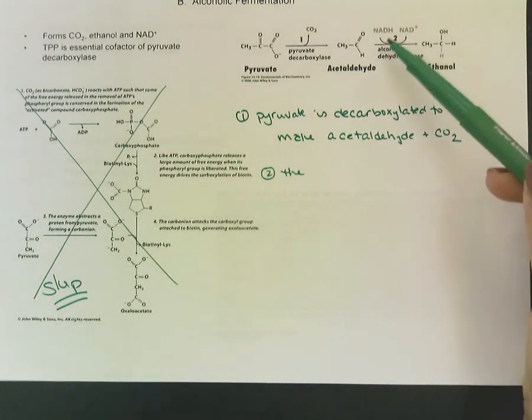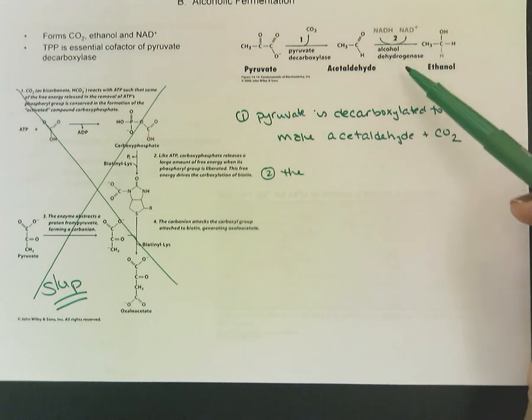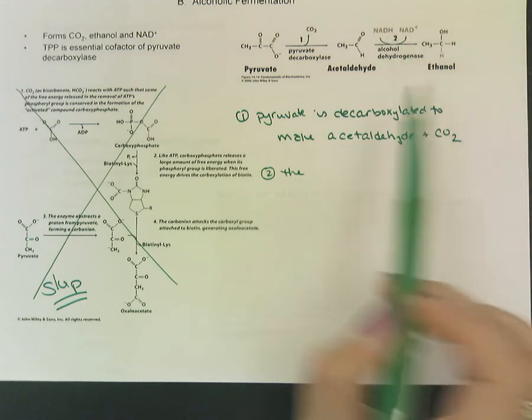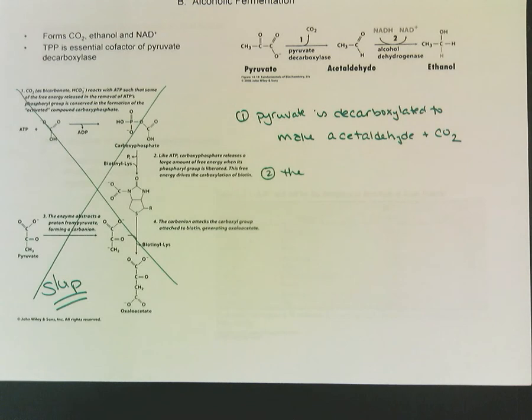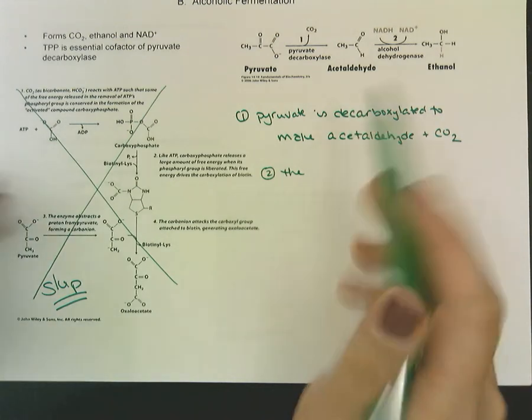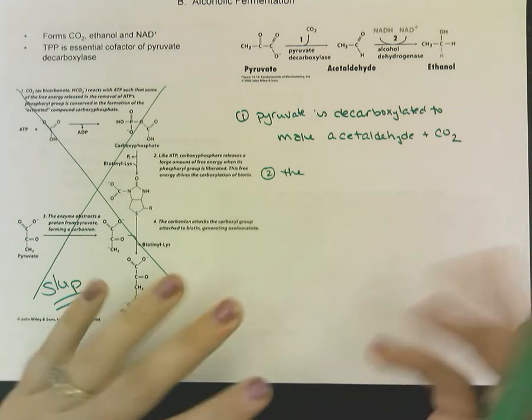So now we have NADH. So if I have NADH in the presence of alcohol dehydrogenase, what sort of reaction is acetaldehyde to ethanol? Oxidation reduction, yes. So step 2, if you see an NADH, means there's an oxidation reduction reaction.